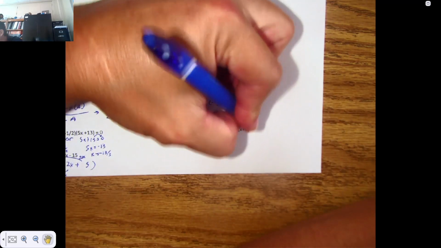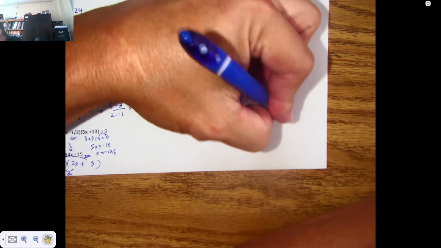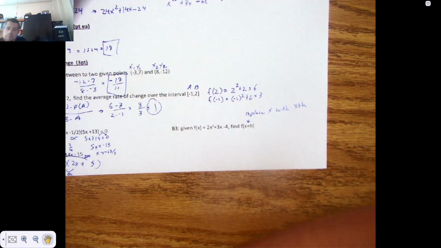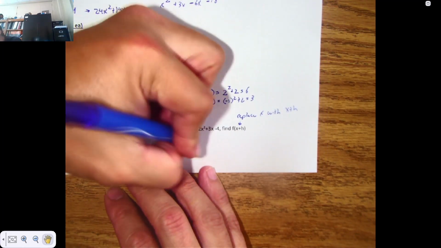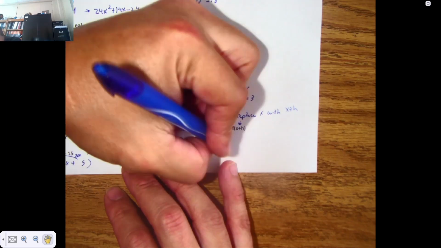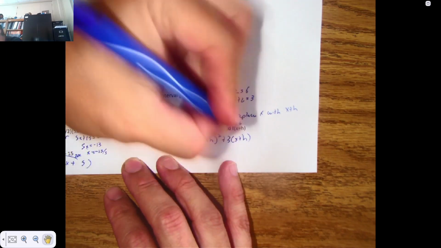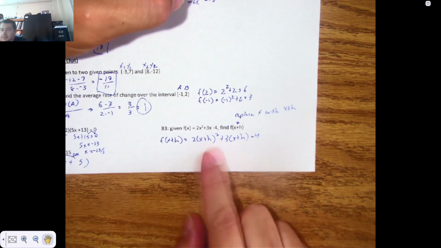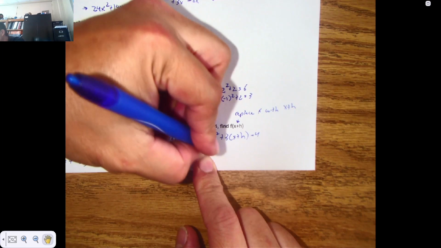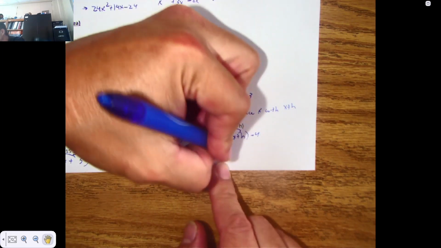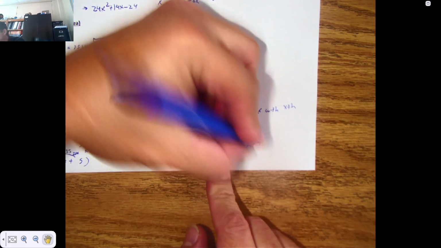And the last one, given f of x is 2x squared plus 3x minus 4, find f of x plus h. What that means is you replace x with x plus h. So f of x plus h would be 2 times an x plus an h quantity squared plus 3 times an x plus an h minus a 4. To square something, by gosh, you write it twice: 2 times x plus h times x plus h, plus 3x plus 3h minus a 4.